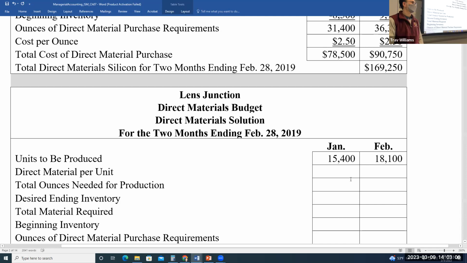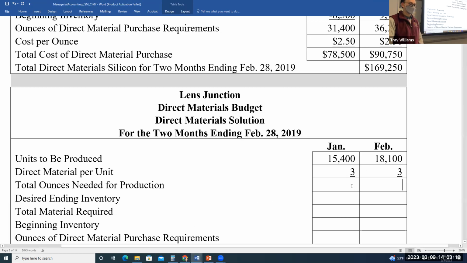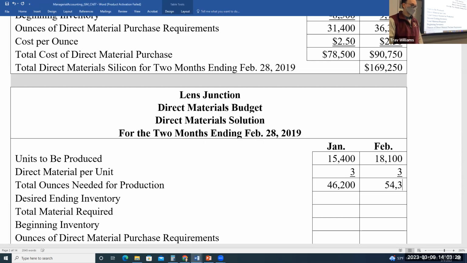It's 3 ounces for the solution, right? Yeah. Okay. So then we multiply. 46,200 is how many we need for January production. 54,300 for February.